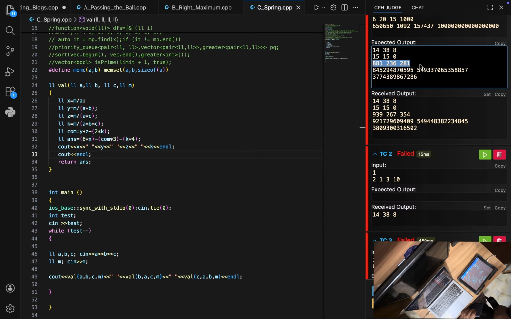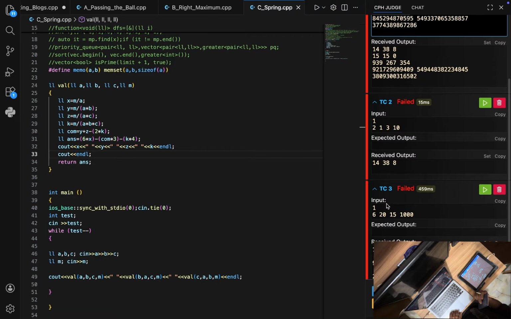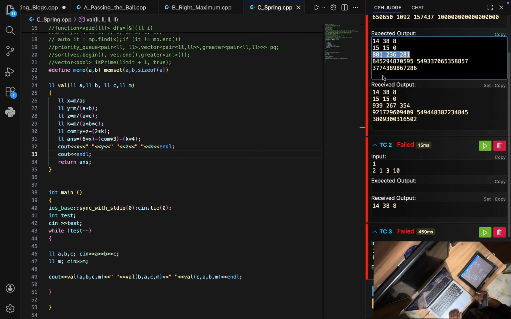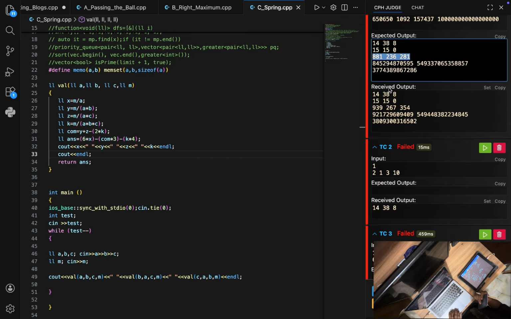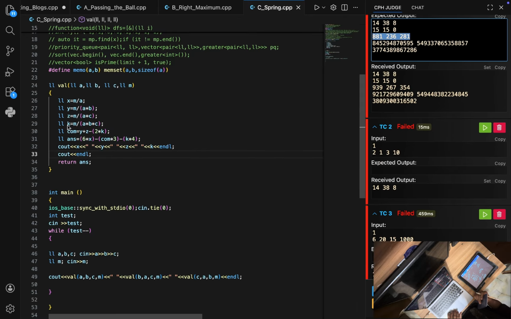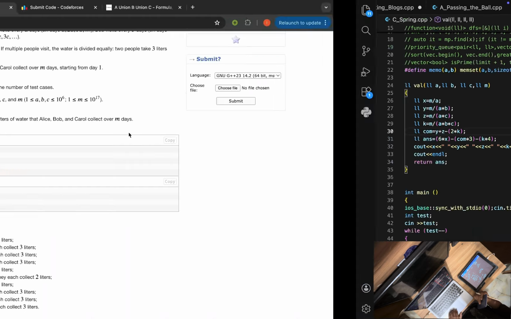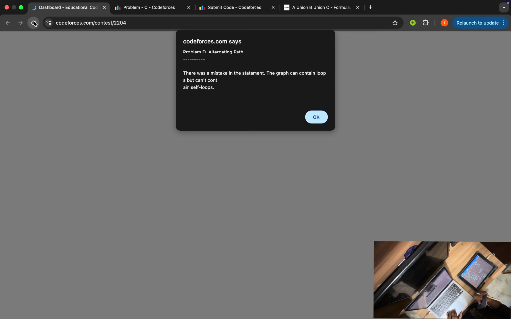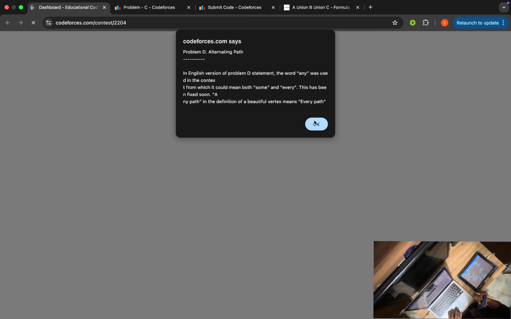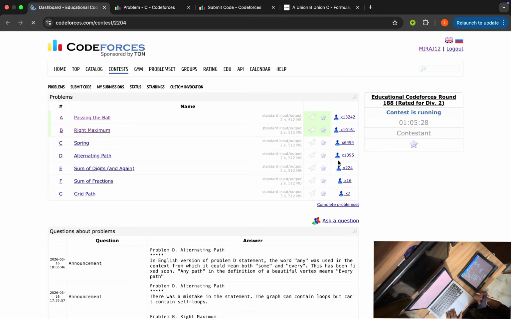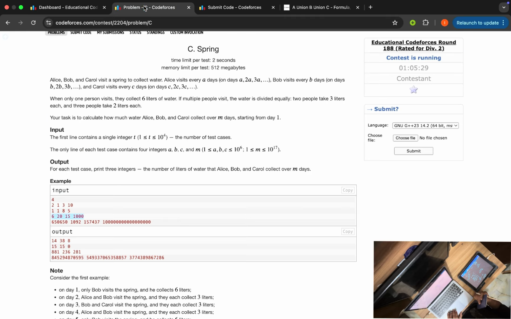That's a huge gap actually, not just a little one. Answer has huge discrepancy. Oh, 6,000 submission.